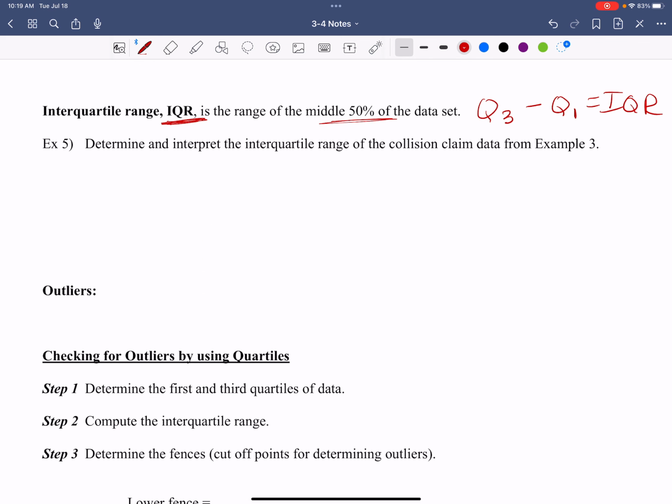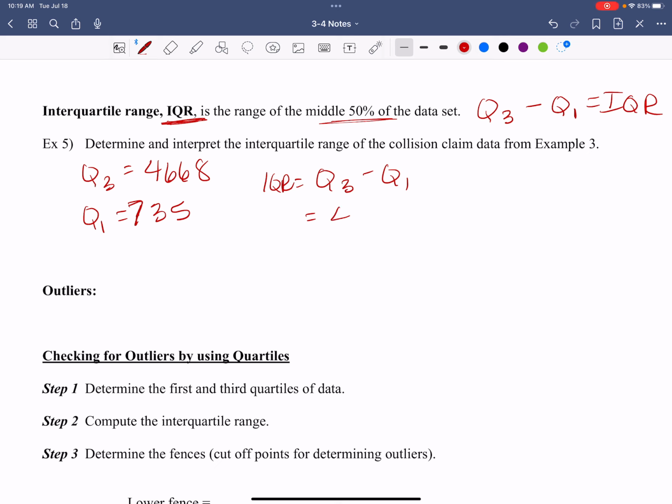So we want to determine and interpret the interquartile range of that claim data that we just had. So I know I'm going to pull it from the other side here. Quartile 3 is 4,668. And quartile 1 is 735. So if I do quartile 3 minus quartile 1, that'll be my interquartile range.